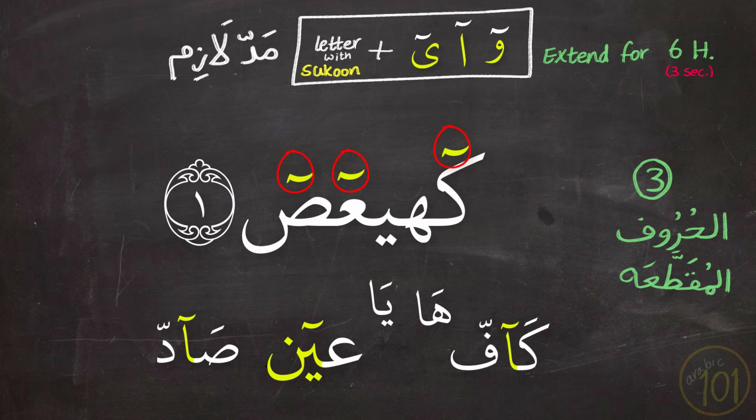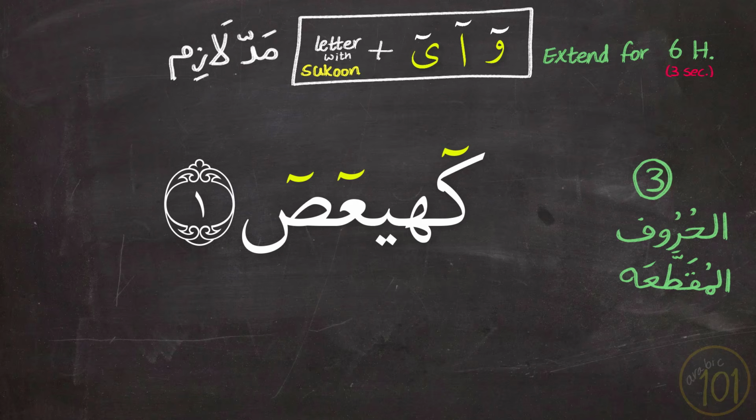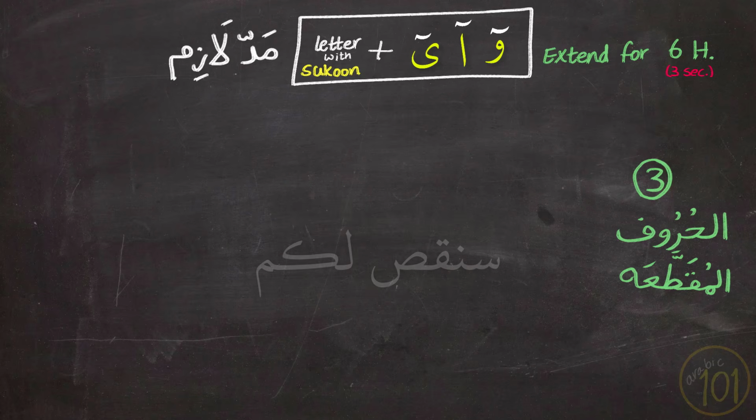But if you want to know which letters are those exactly, then you can find them in this word, sanaqus lakum. So the letters sin, noon, qaf, sad, and so on are all extended for 6 harakat whenever they're mentioned in al-huruf al-muqatta'a at the beginning of some surahs.